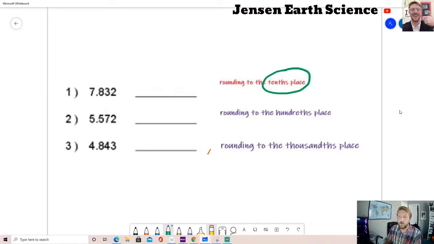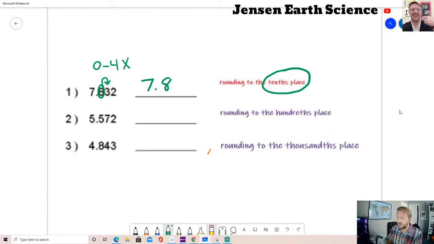So I first have to focus on the number that is in the tenths place, which is an 8 here. So in this case, I want to look to my right, like always. I see that the number to the right of the tenths place is a 3. A 3 is in the 0 to 4 range, so I don't do anything with the 8. In this case, my answer will become 7.8.